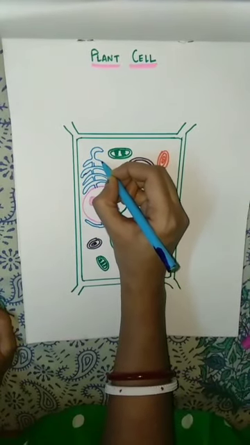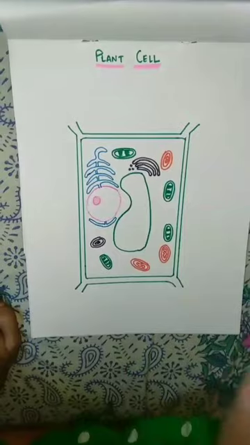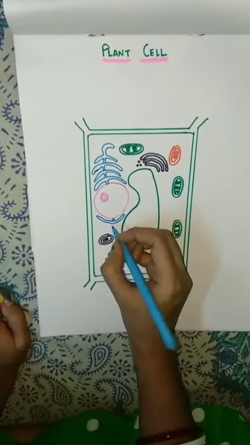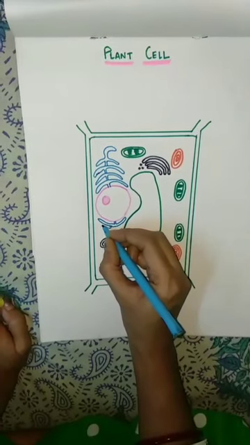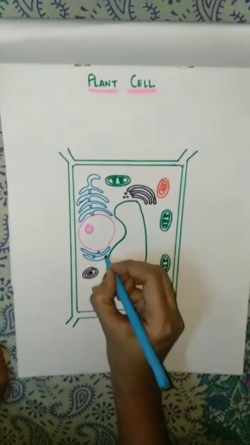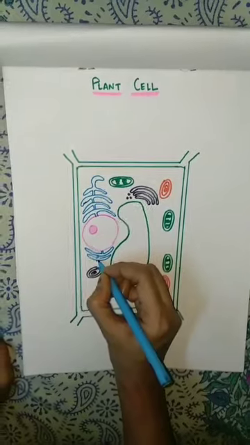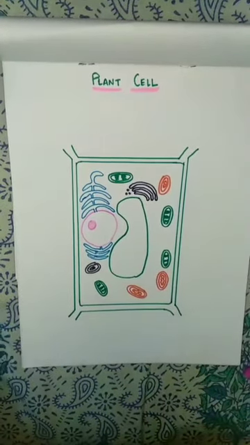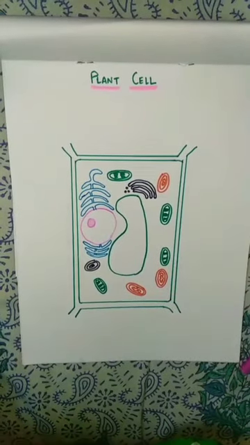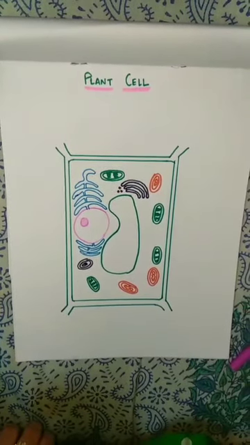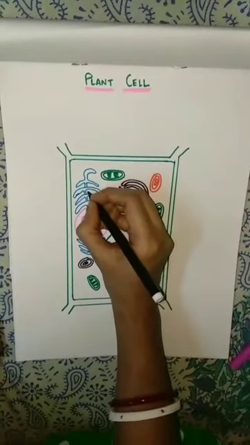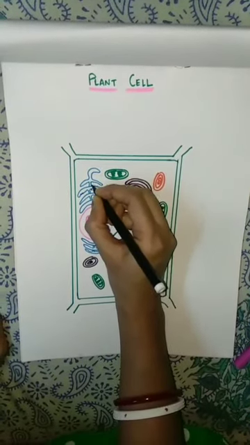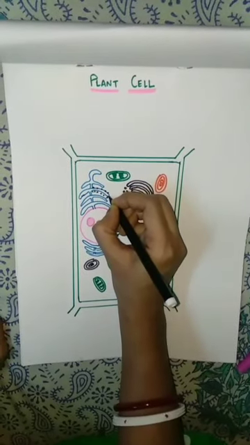So you can see here I'm drawing it. So this is one side complete, and the other side also I'm doing this. These are the endoplasmic reticulum. Now these are mesh-like structures, that's why they are called endoplasmic reticulum.